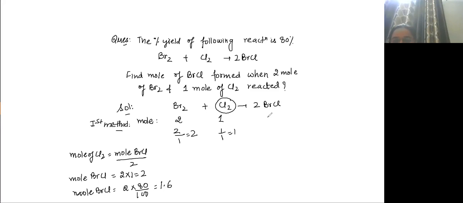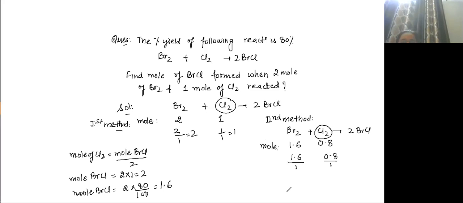Now what is the second method? Br2 plus Cl2 gives 2 BrCl. Initially you take the moles as 80%. 2 moles of 80% is 1.6 for Br2 and 1 mole of 80% is 0.8. So which will be the limiting reagent? 1.6 divided by 1, 0.8 divided by 1. So Cl2 is the limiting reagent. So moles of Cl2 is equal to moles of BrCl by 2.